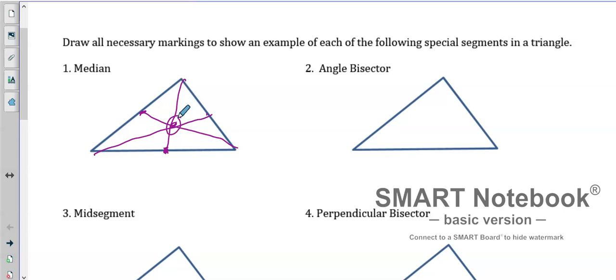Angle bisector. Any of the angles, like so, you want to split in half. So just draw it to kind of look like it's going through the middle, so that the angles look equal. And you can do that on any of them. I'm not going to do all three, but pick an angle, make it look like you cut it in half.